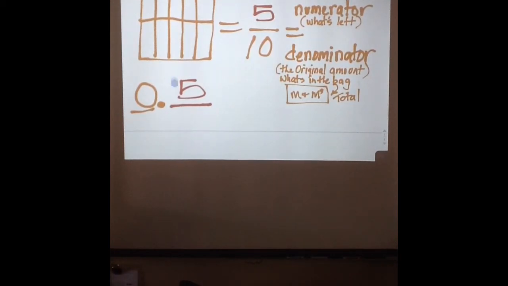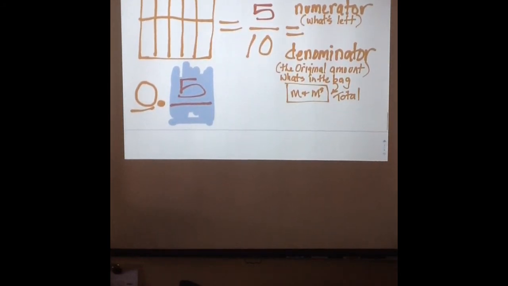This first space is always how many pieces? 10. It's always 10 pieces. The first place on the right side of the decimal is always 10 pieces. Always. Okay?